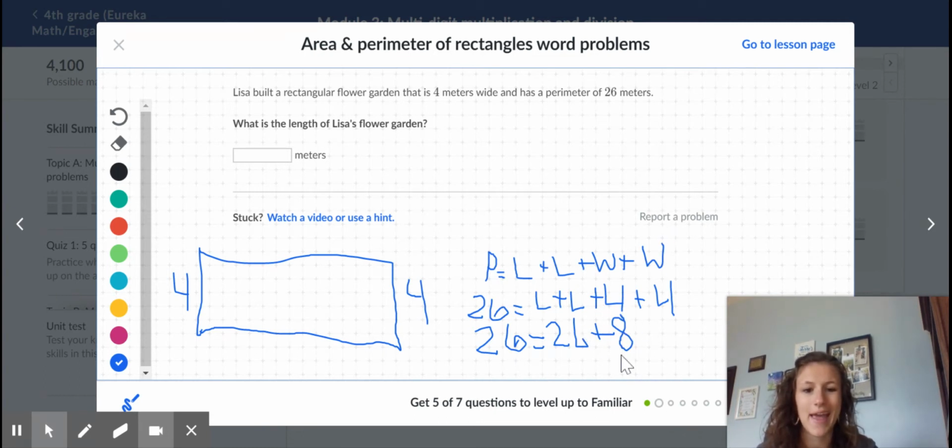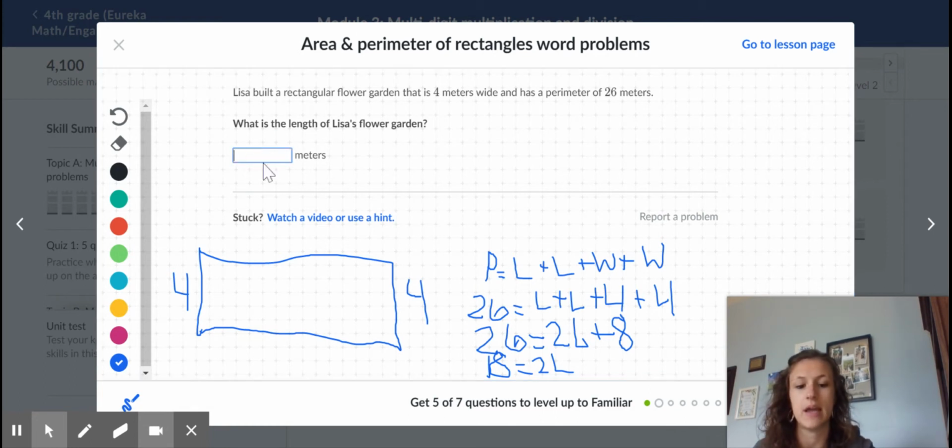If I take away 8 from 26, that gives me 18. So now I have 18 is equal to 2 lengths. What can I have 2 groups of that makes 18? 2 times 9 equals 18, so her length must be 9.